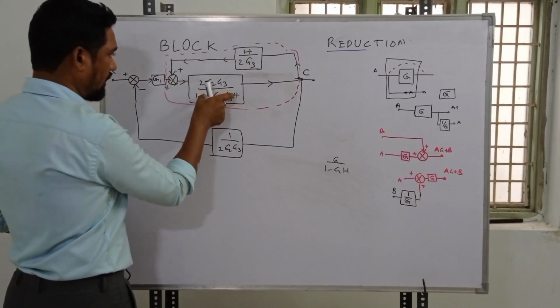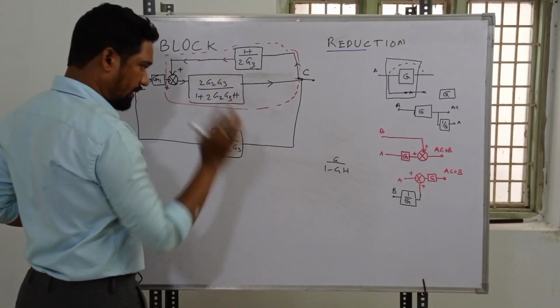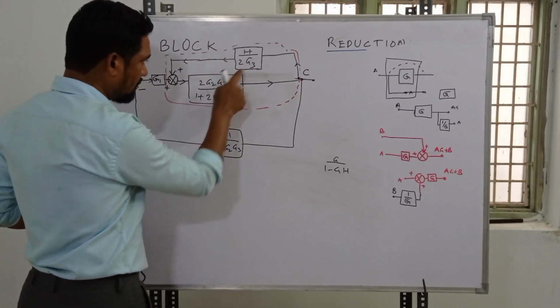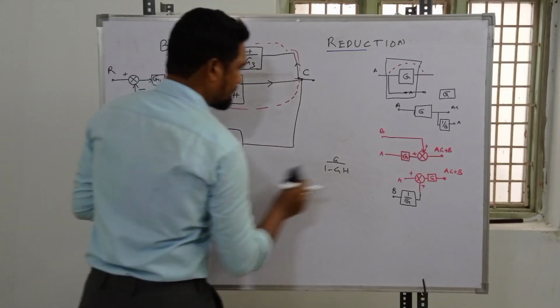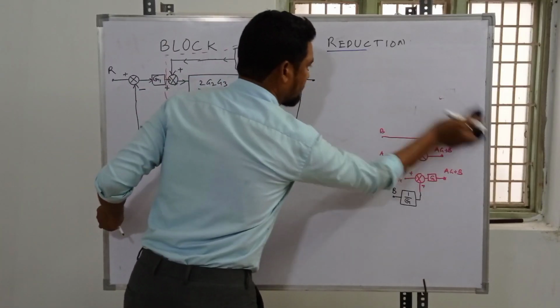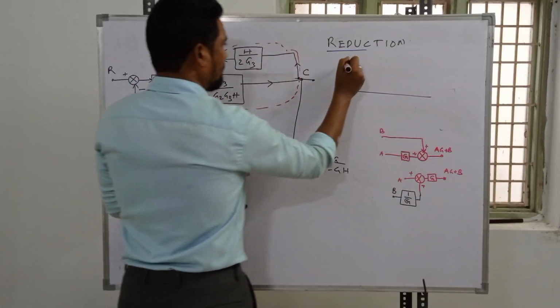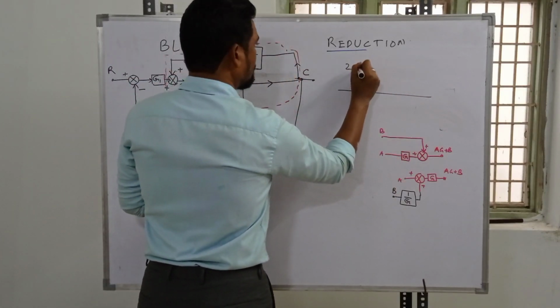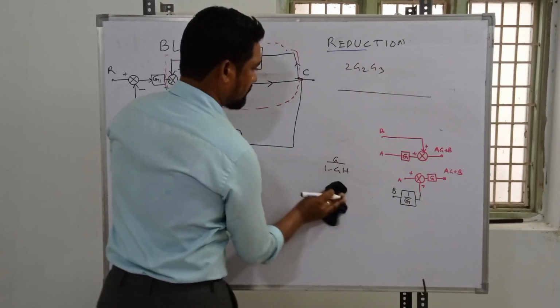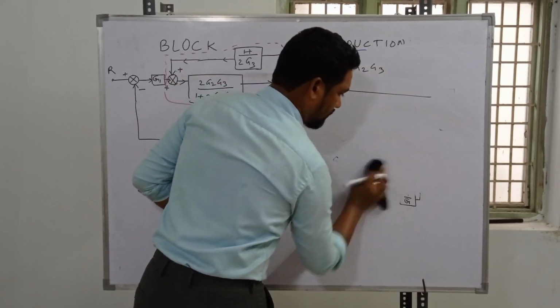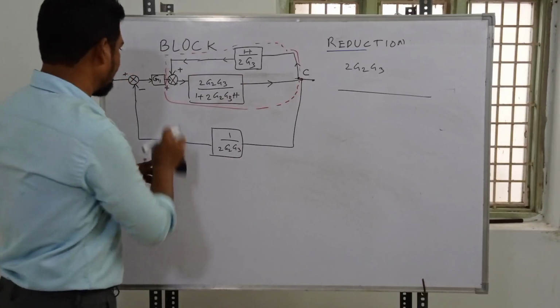So g by 1 minus g into h. How should that be simplified? The g in the sense is the entire twice of g2 g3. We don't need this anymore. Why? Because we are at the last stage.